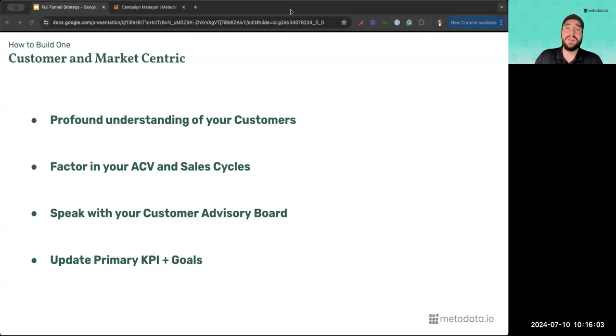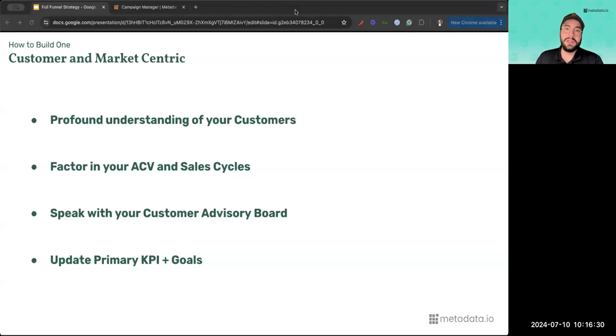Within that, you have to factor in your ACV, your average contract value, and your sales cycle. ACV and sales cycle play into this hand in hand. The first one I'll be covering is ACV. Here's a relevant example. I recently got a puppy, and it has absolutely torn through two pairs of my jeans, so I'm in the market for jeans.